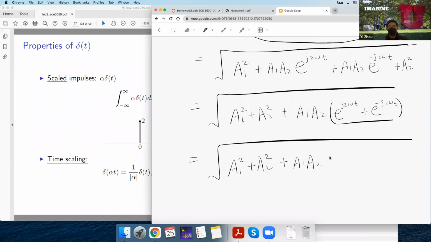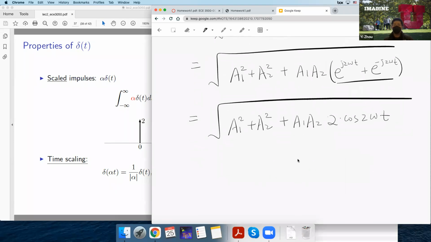So it's a1 a2 times 2 cosine 2 omega t. Okay. So we end up with this simplified formula. Can we go one step further here? I guess this is probably the simplest we have.